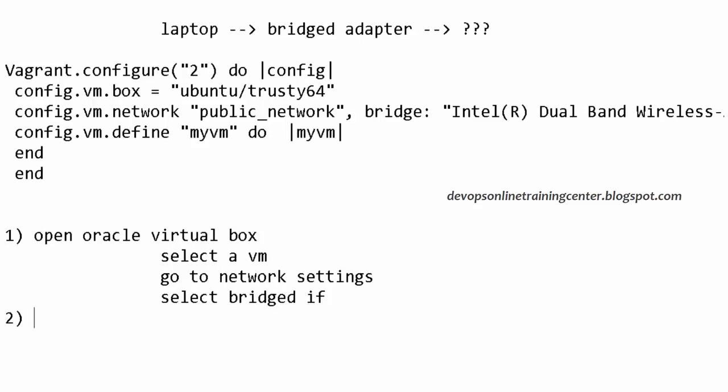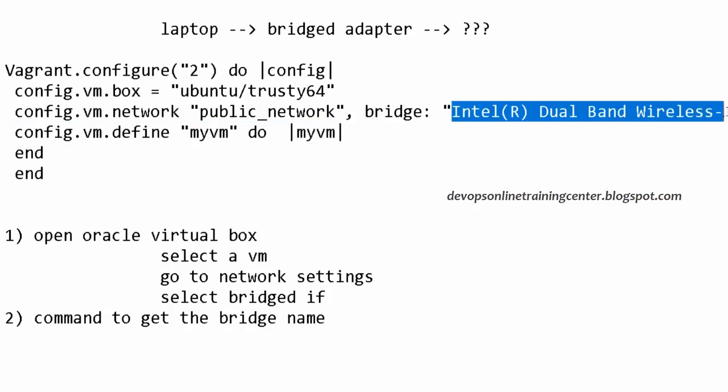The second way is there is a command that can be executed to get the bridge name. Any of these you can use, and you have to copy this bridge adapter.